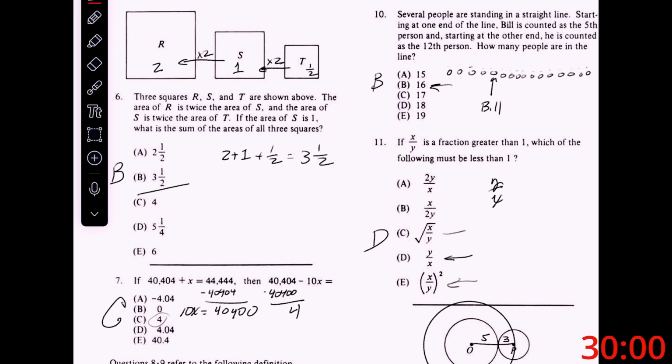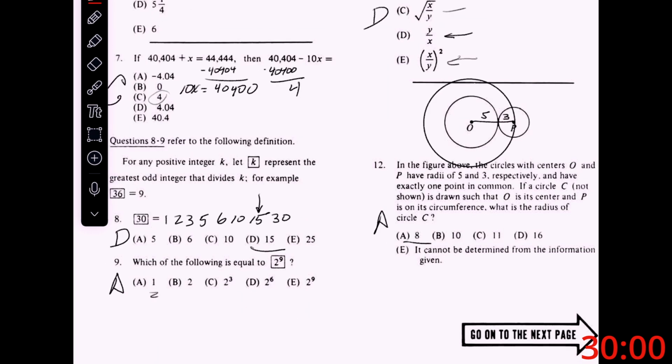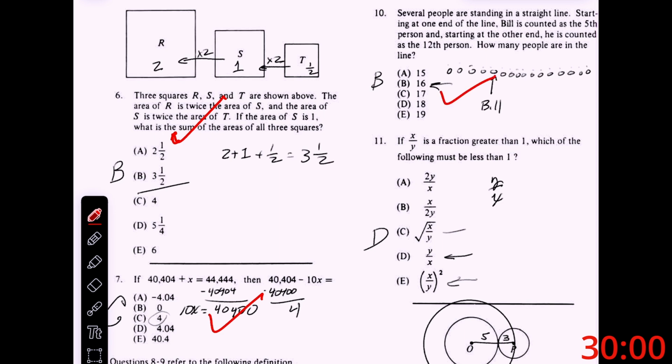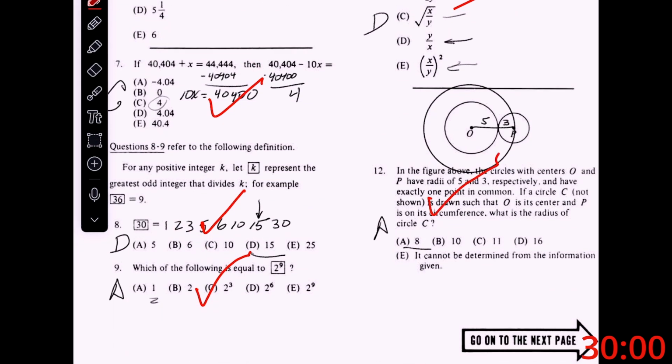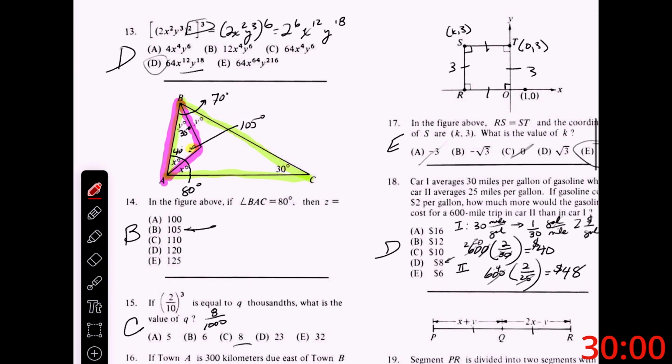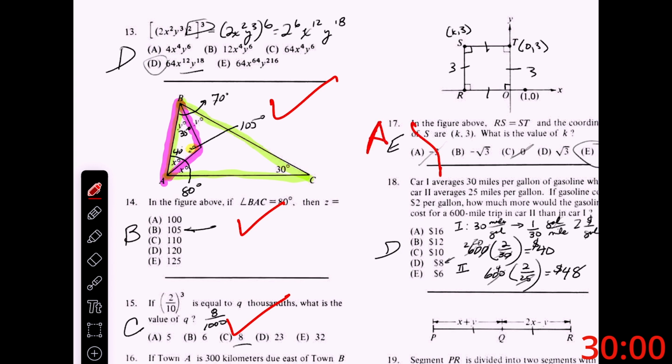Number 6 is B. That's correct. Number 7 is C. 8 is D. 9 is A. 10 is B. 11 is D. 12 is A. 13 is D, 14 is B, 15 is C, 16 is B, 17 is A. Boy, I got that one wrong.